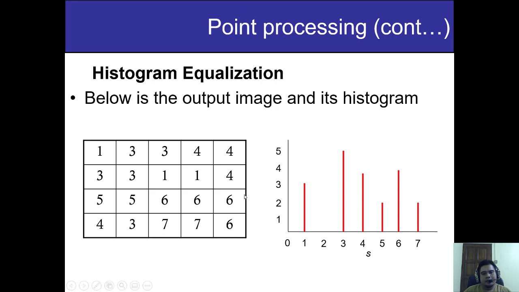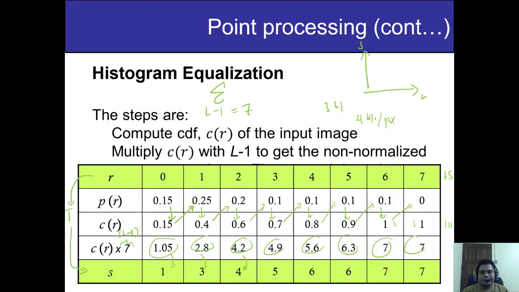If you plot the histogram, this is the histogram of this image, meaning the product of histogram equalization. Of course, like I said, our ideal histogram is something like this, but in reality, after applying histogram equalization, we cannot achieve something like this. But if you see, the histogram is better compared to the input image.